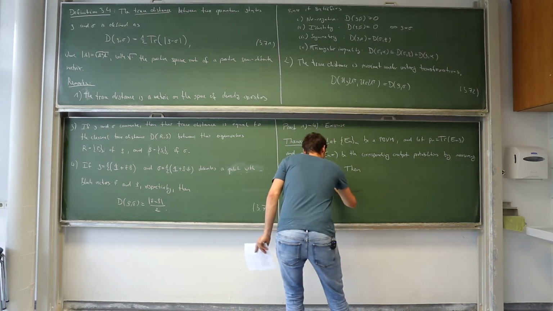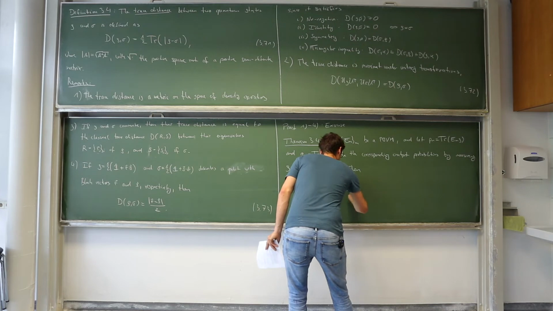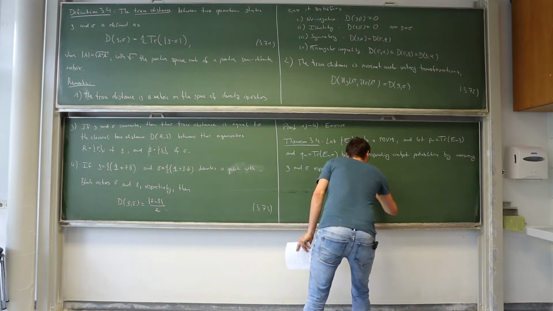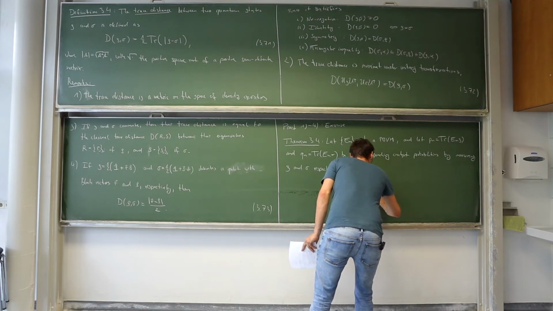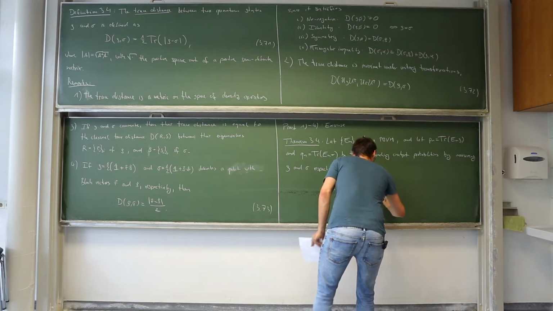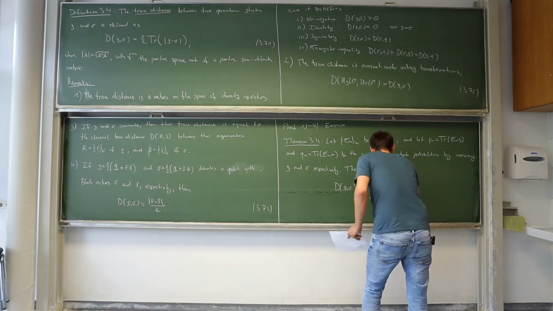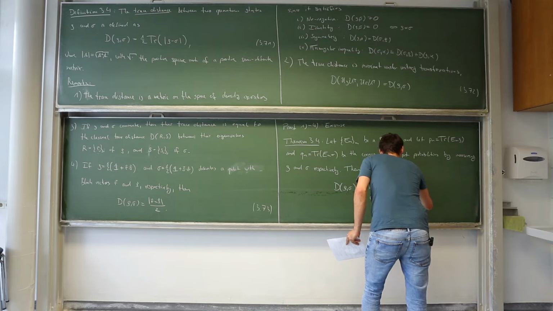Then the trace distance between rho and sigma is given by a maximization over all POVMs of this classical trace distance, p_m, q_m.